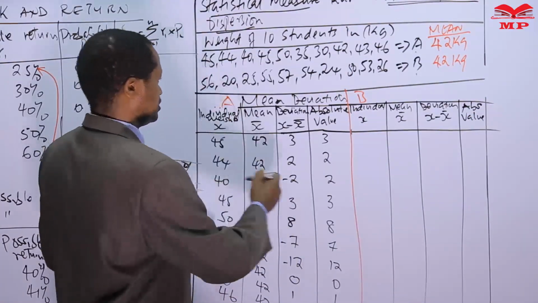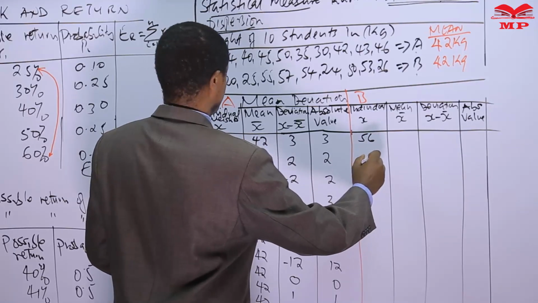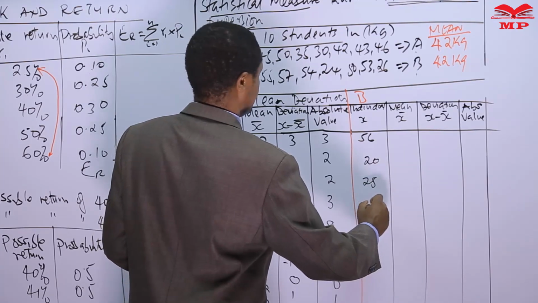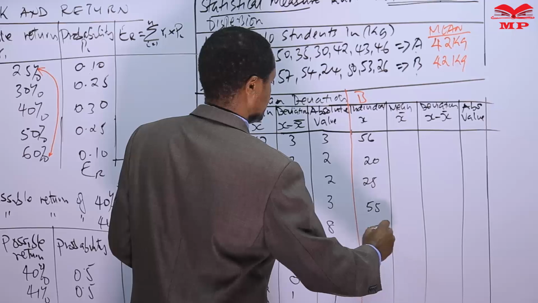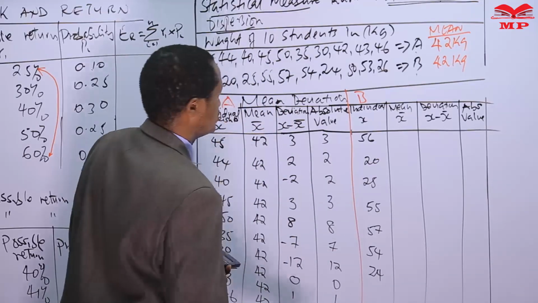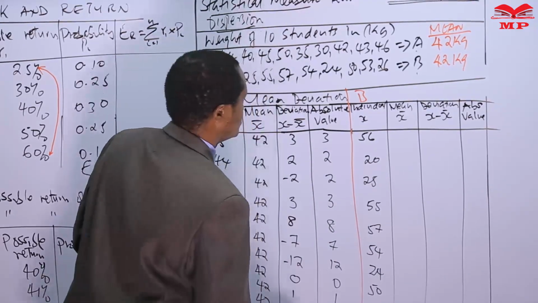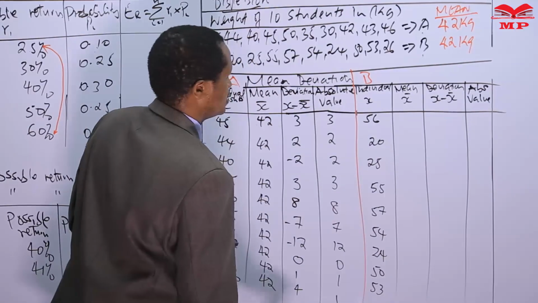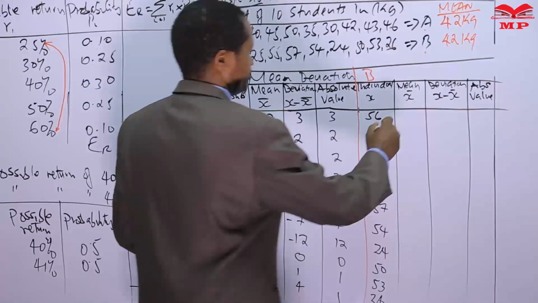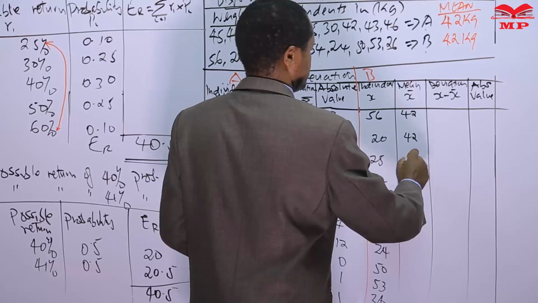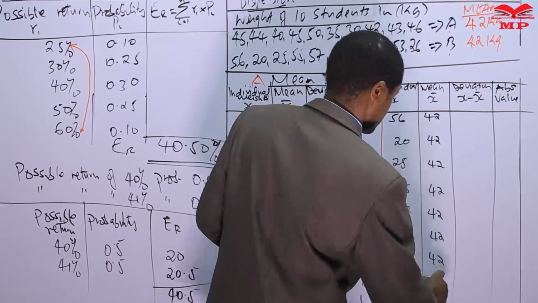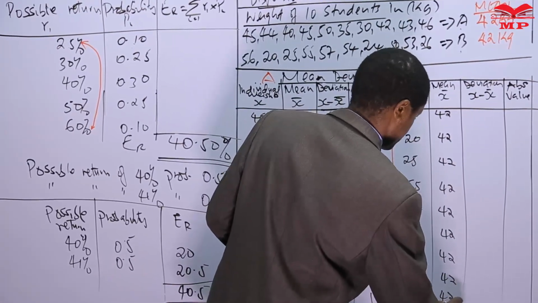So the first one here is 56, 20, 25, 55, 57, 54, 24, 50, 53, and lastly 26. The mean remains 42 for each.